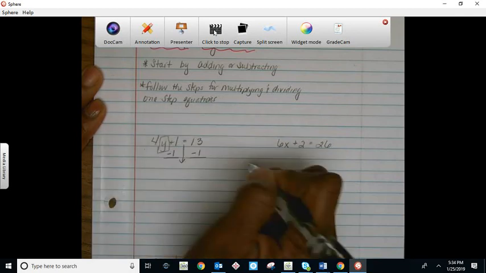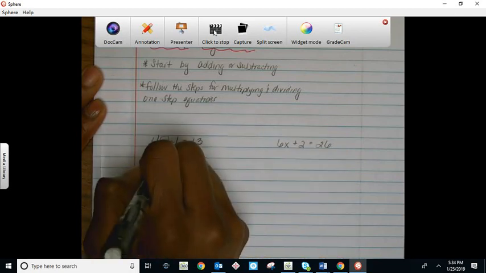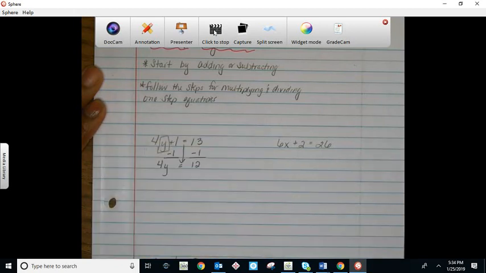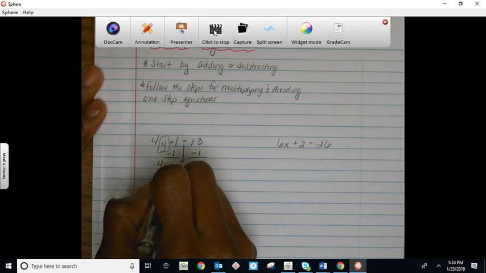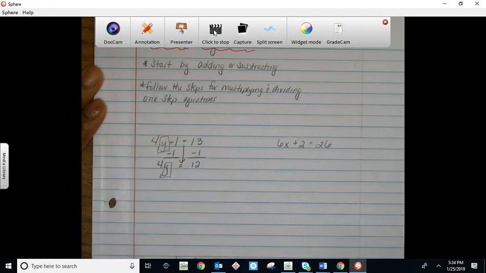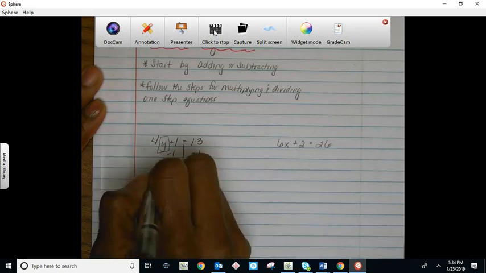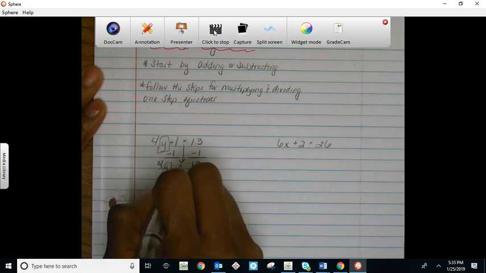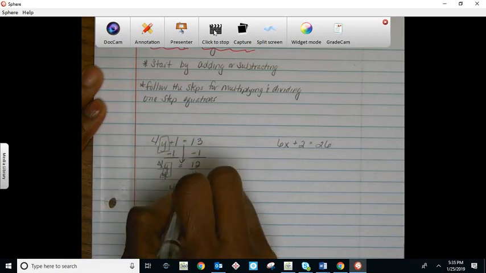These are going to cancel, so I'll just have 4y equals 13 minus 1, which is 12. Now, this takes me back to my multiplication, right? So now I need to make this 1. I'm going to divide both sides by 4. Those are going to cancel out, and I got y is equal to 3.